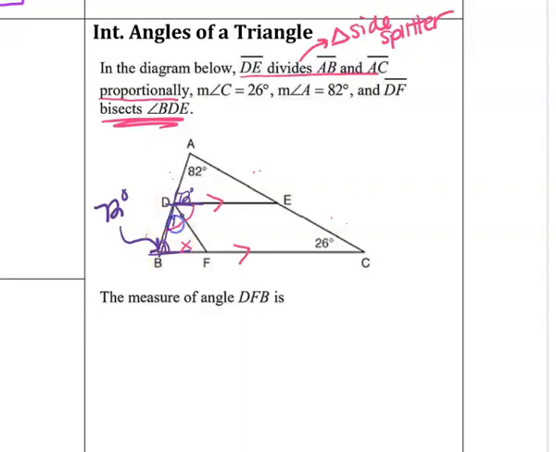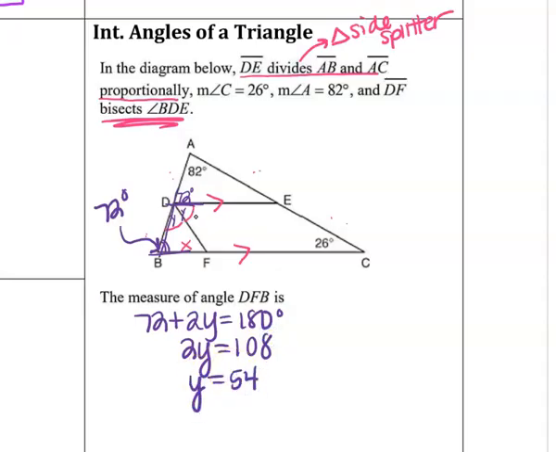Now let me just call this y and y because I don't want to use the same variable twice. I know the sum of the angles that form a line is 180, so I can do 72 plus 2y equals 180 degrees and solve for y. So subtract the 72 and then divide by 2.